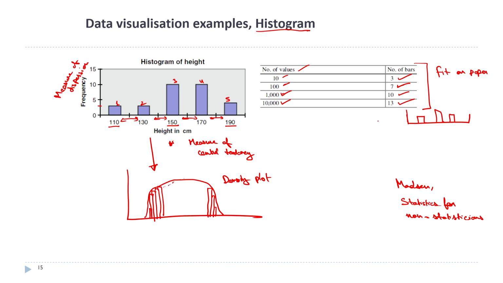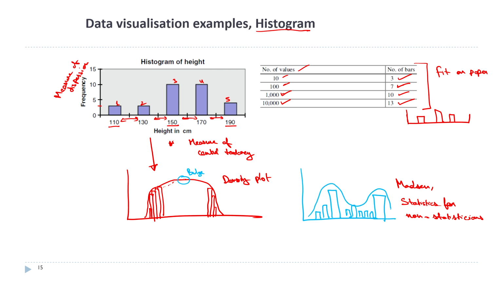For example, there may be multiple bulges in the data, or only one bulge. This is a bulge. There could be some data in a histogram where there is more than one bulge.